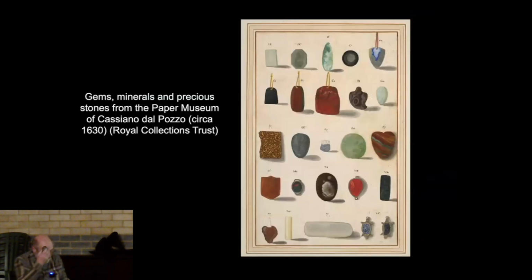And also then there's the lovely images of geological materials imprinted and other records on paper, such as this plate from the Paper Museum of Cassiano del Pozzo in the Royal Collection. Well, I've elected to ignore all those and other applications of minerals in artistic contexts in order to concentrate on the use of minerals in painting.